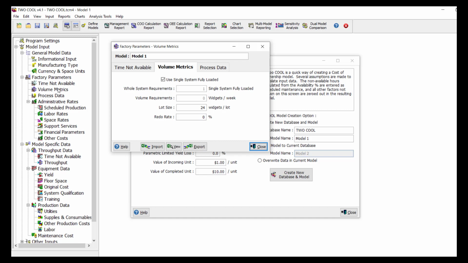There are two other inputs on this form: lot size, which is used to allocate costs on a per unit basis when they're entered on a per lot basis, and redo rate, which says that there's a certain percentage of products running through this step that are recycled. This isn't the same as yield loss or scrap, and only takes away from available throughput. We'll add a redo rate of 2%.